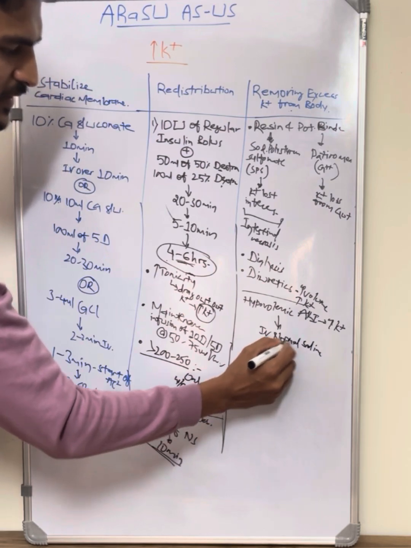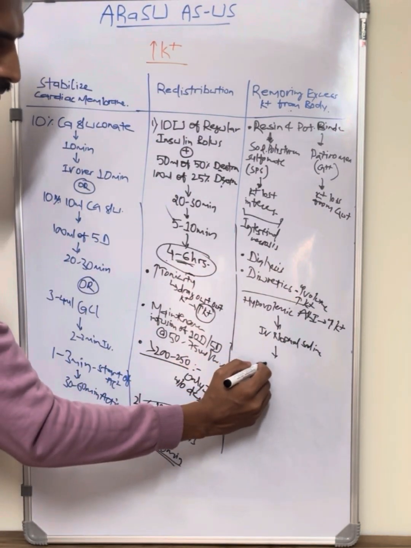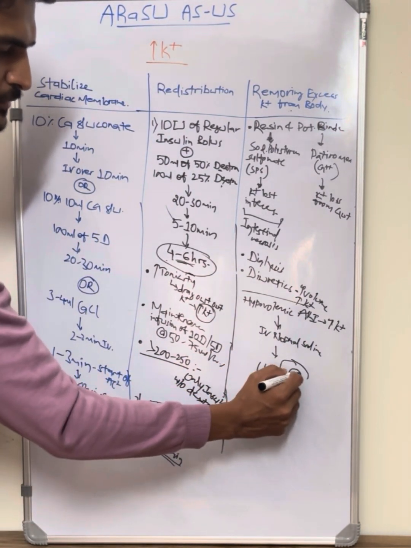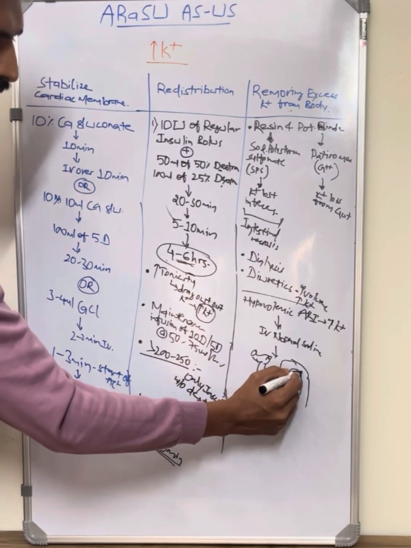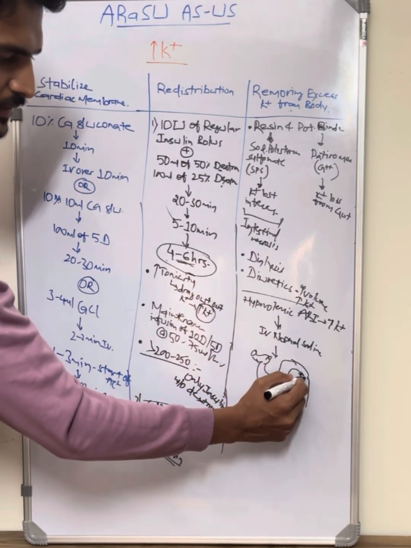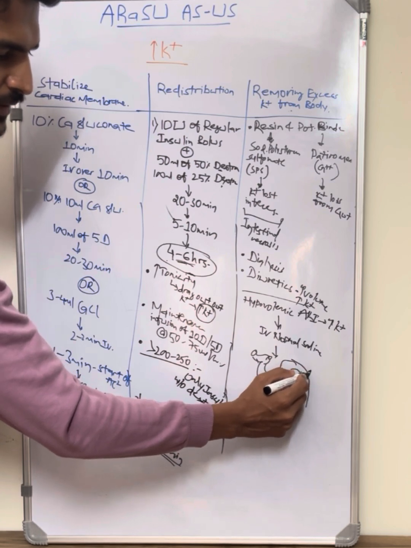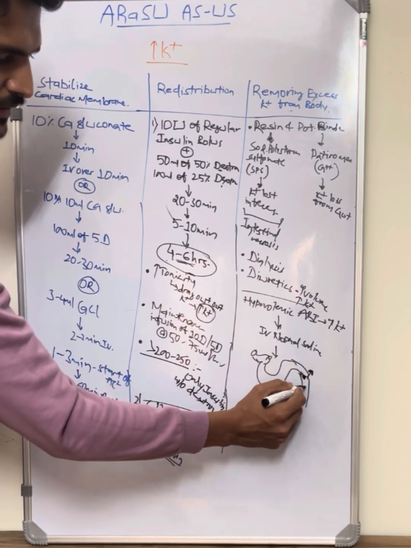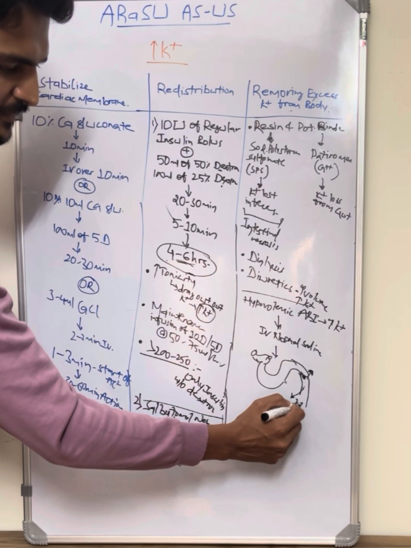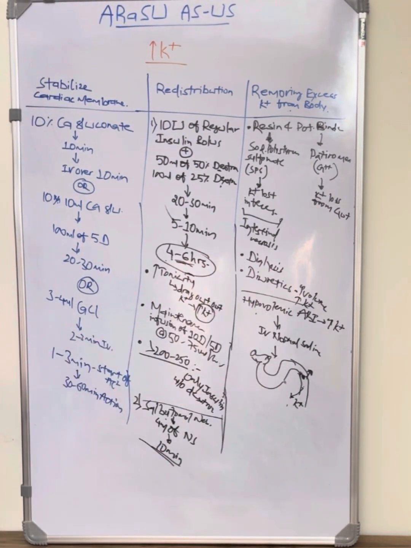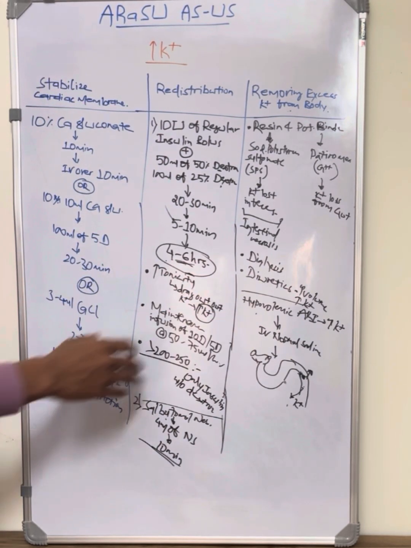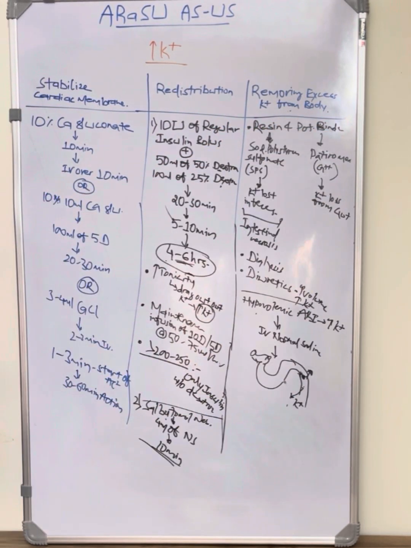If we give this normal saline, there will be good delivery of sodium to the distal tubules. When sodium reaches in good amount, it will be reabsorbed well, and in exchange potassium is excreted. So like that, normal saline will help in case of hypovolemic AKI causing hyperkalemia. So these things we have to keep in mind. This is about the third column.